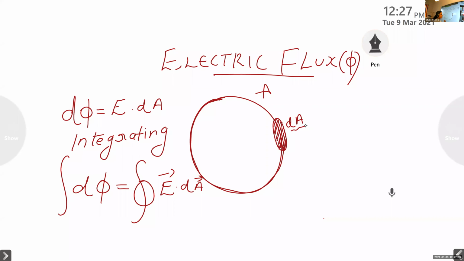Then the small electric flux is given by d phi is equal to E dot dA. Now from this small area, I want to calculate the total electric flux. For that, I am integrating it. So integral d phi is equal to the closed surface integral of E dot dA.